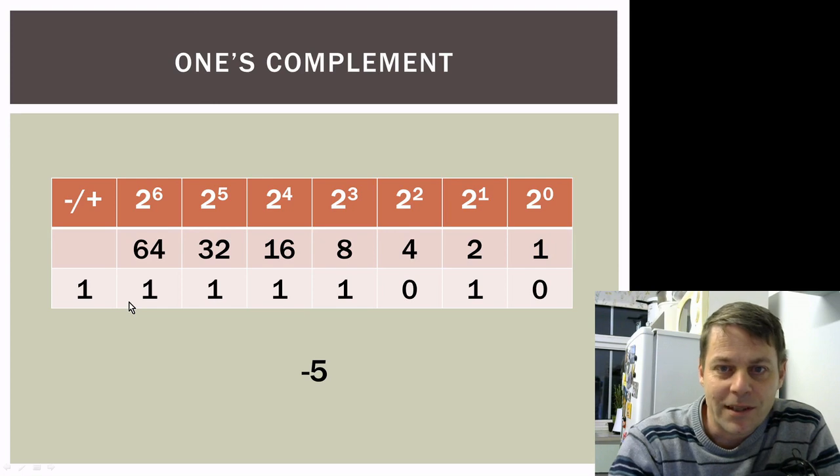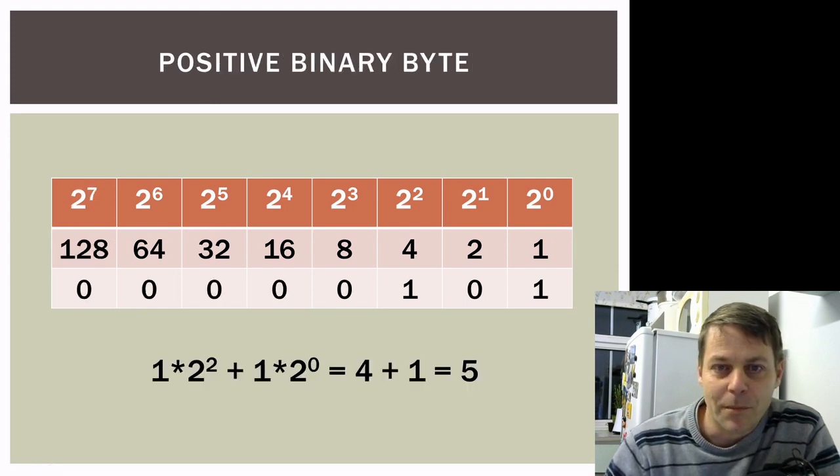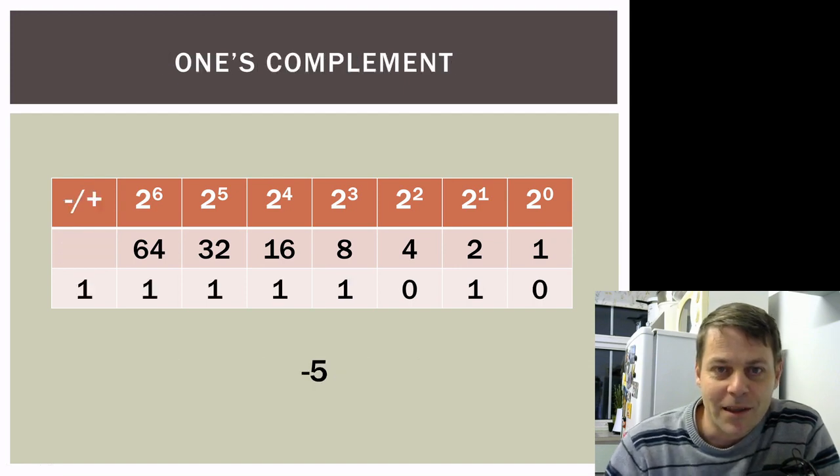Now, previously, if we look at the positive number, this column was the 2 to the power of 7 column. In the negative number, a 1 in this column represents that it's a negative number. So we need to know when we have a binary number whether it's a signed binary number, which can be positive or negative, or whether it's just a positive unsigned binary number.